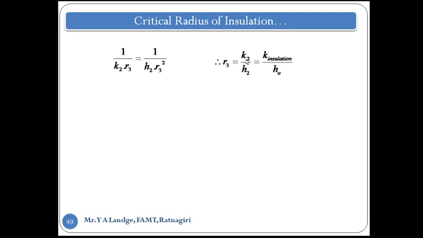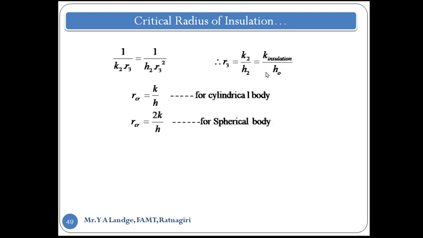So the critical radius is the ratio of the conductivity of the insulating material to the outside heat transfer coefficient. We can calculate R3 on the basis of these two.